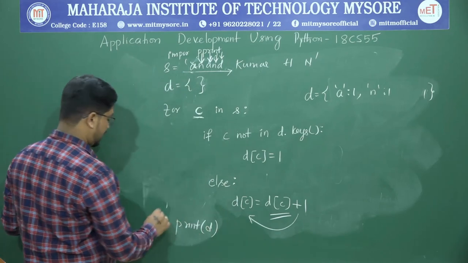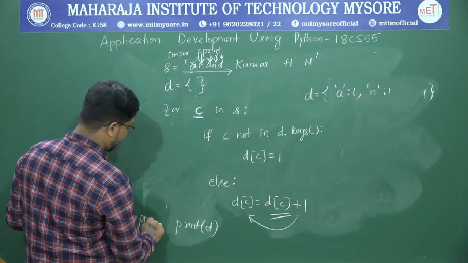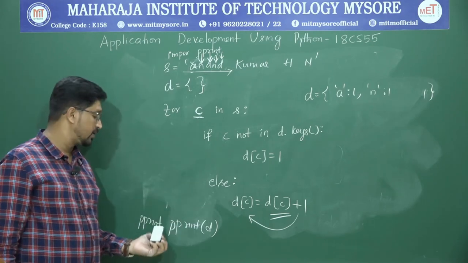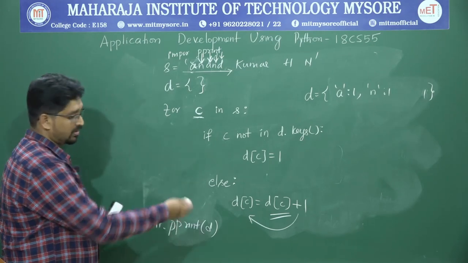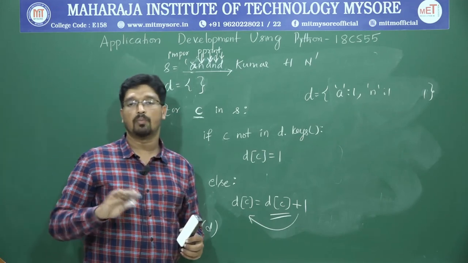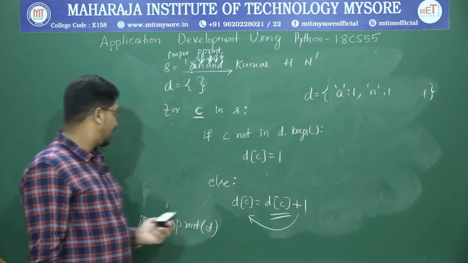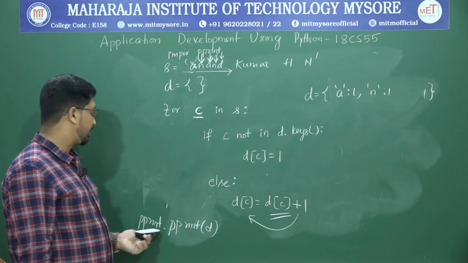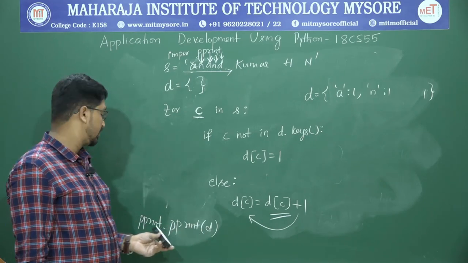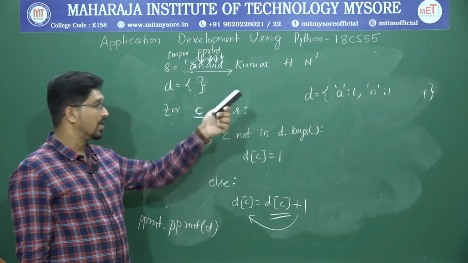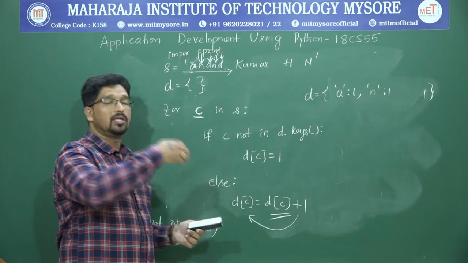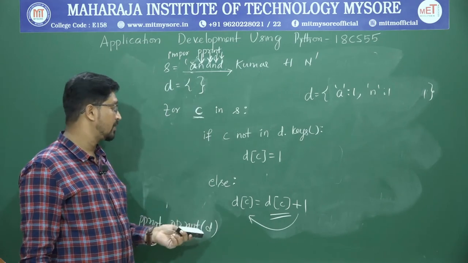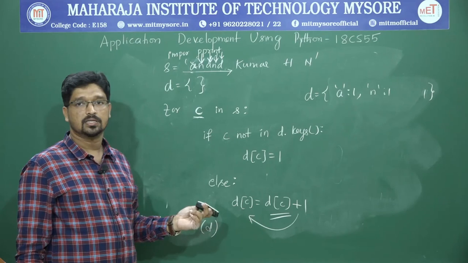Instead of calling print, you call pprint dot pprint, pretty print, like in the last session we discussed copy. Pprint dot pprint of d, then you will get the dictionary in ASCII order from lowest to highest.